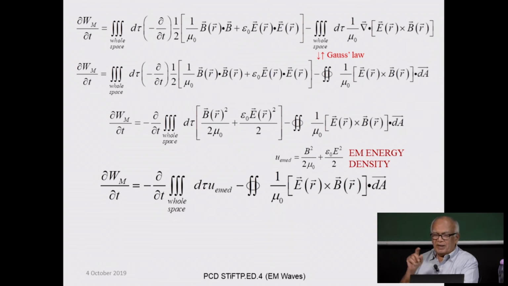So, I combine the magnetic energy density and the electric energy density together to get what is the electromagnetic energy density, which I write as the lowercase u with subscript EMED, the electromagnetic energy density. All right. The subscript uppercase M on W is the mechanical work done. Okay.